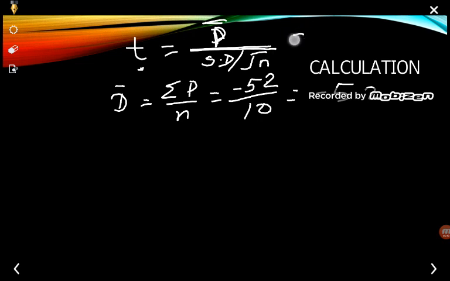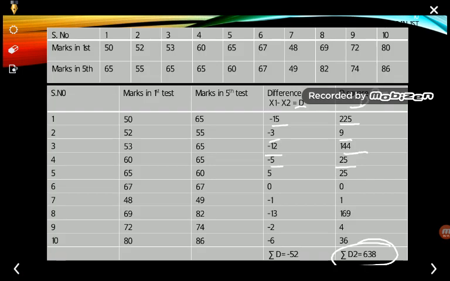First, we have to take out the mean of D. Next we have to find the standard deviation, and then we have to divide it by the square root of n. So we are going to first find D bar. The mean of the deviation can be calculated by the summation of D divided by n. So the summation of D, as we have already seen, what is the summation of D?